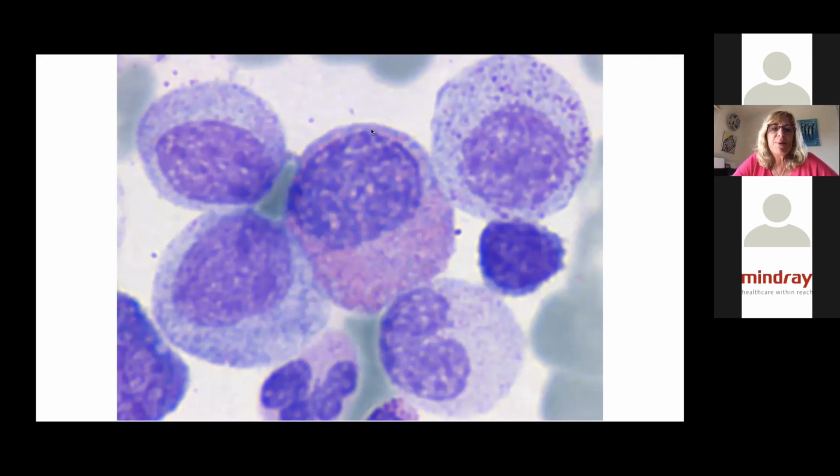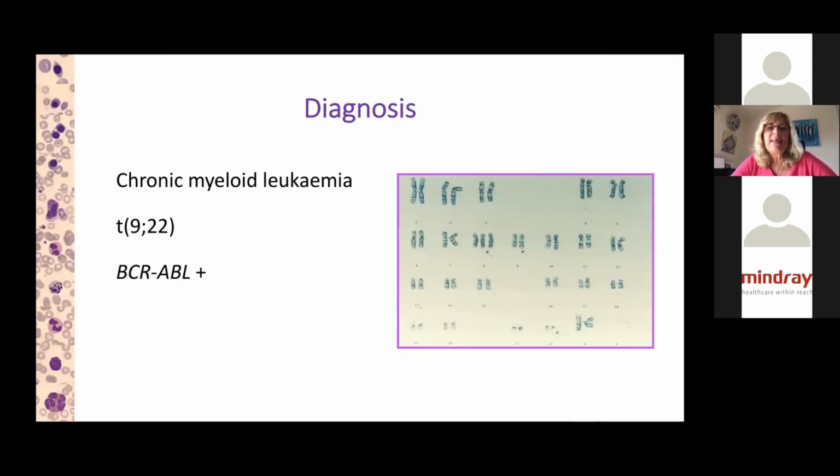We have precursors here. We have immature granulocytes with eosinophilic granulation. Most of them are immature granulocytes. And the diagnosis was a chronic myeloid leukemia with a 9;22 translocation and with BCR-ABL positive translocation.